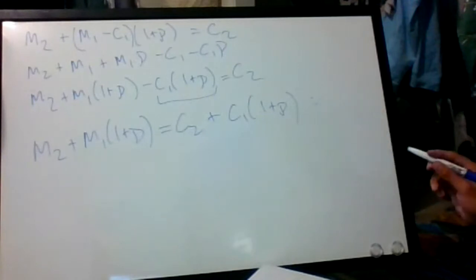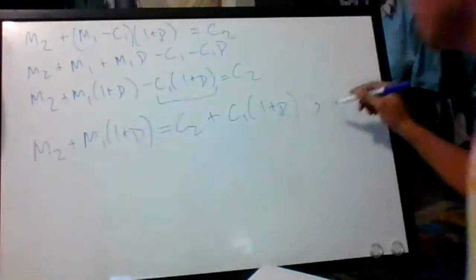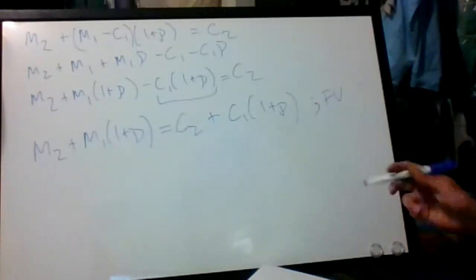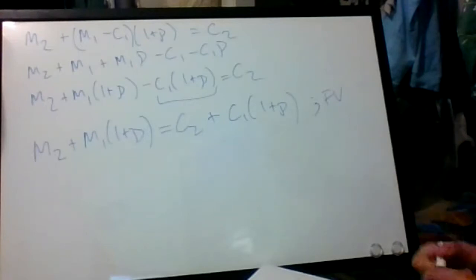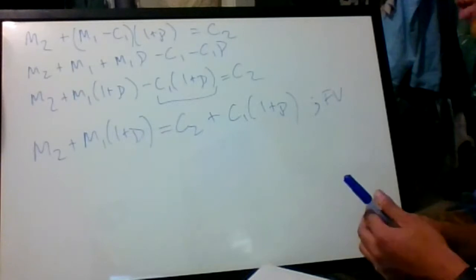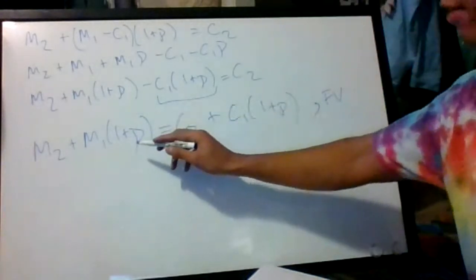All right. And this formula right here is our budget constraint in terms of future value, right? The reason we consider this future value is because we assume that essentially all of our money gets saved.